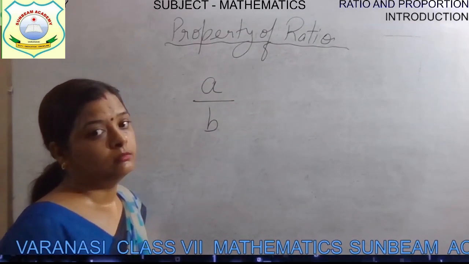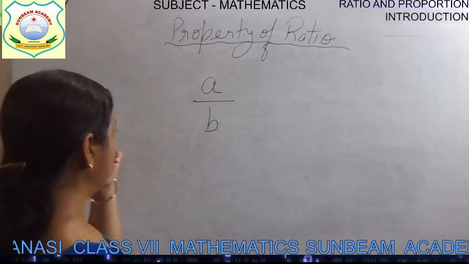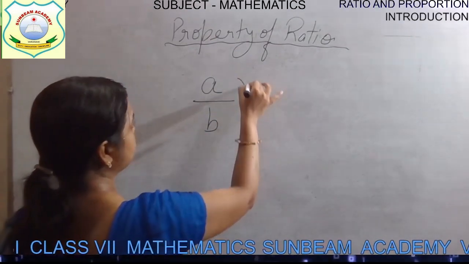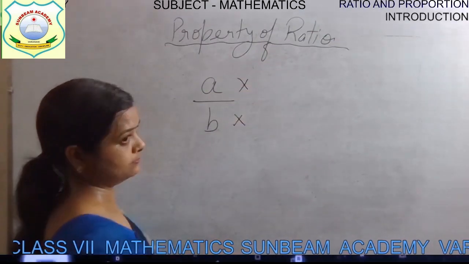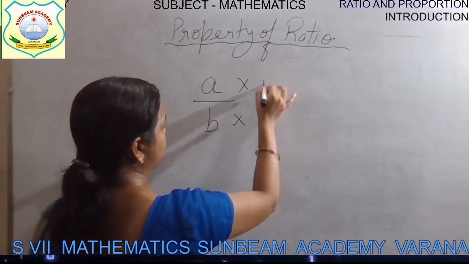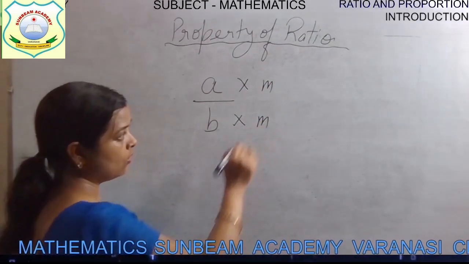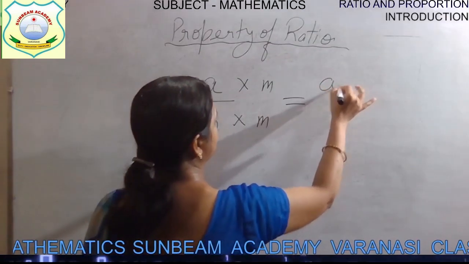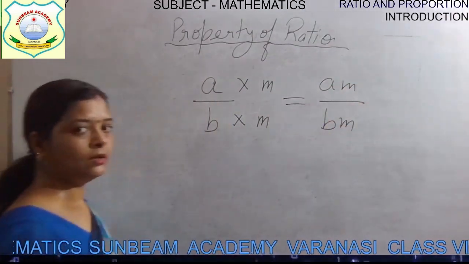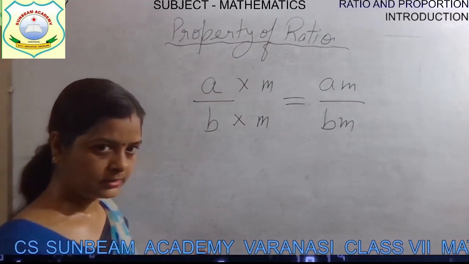That will be our final answer. Now, if you have a ratio and you multiply both its terms by any number, let's take it as m, then whatever answer comes, am by bm, the value will remain the same. Is it clear?